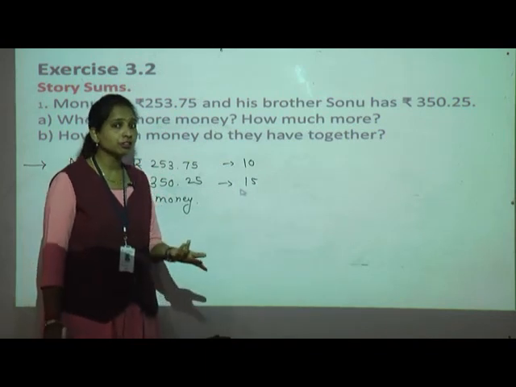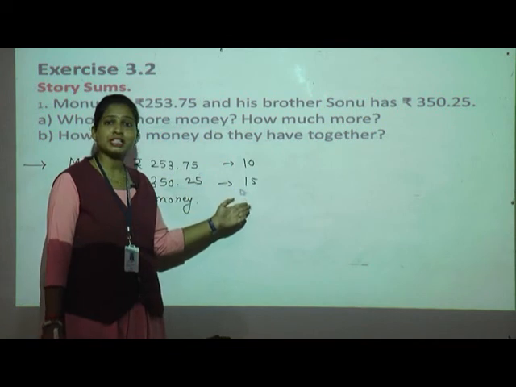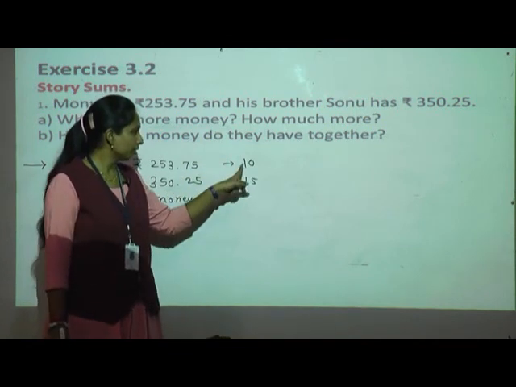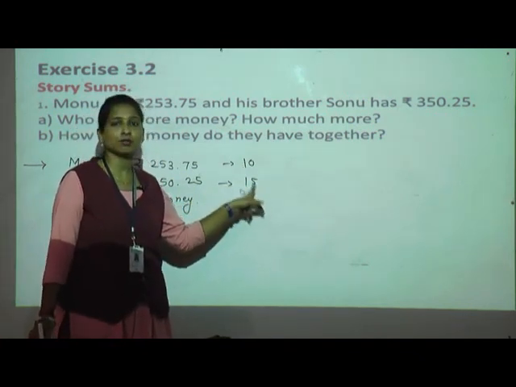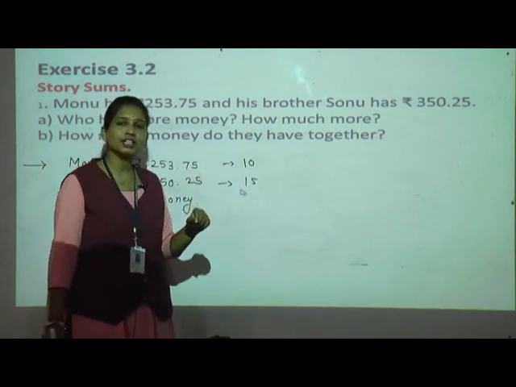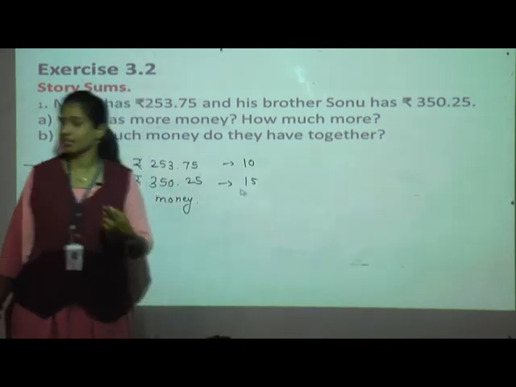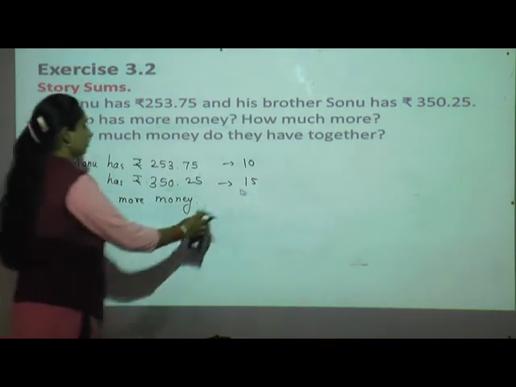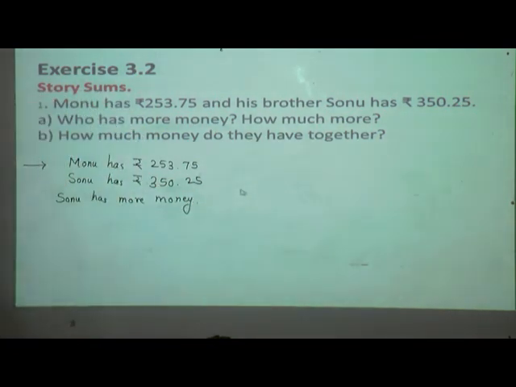How much more? He has 10, he has 15. How much more money is he having? 5 rupees. How did you do this? 15 minus 10 is 5, isn't it? So here also, in the same way, we have to subtract the smaller from the greater, then we will know who has more money.